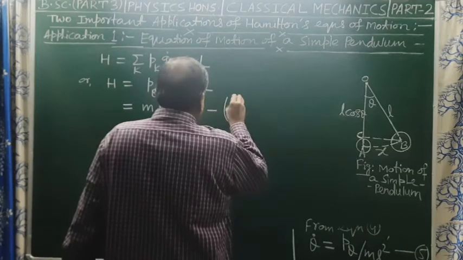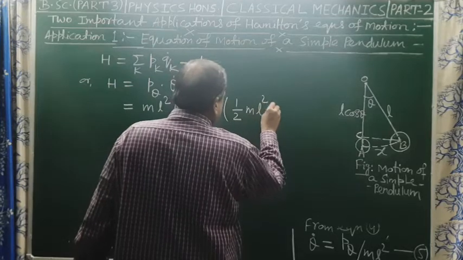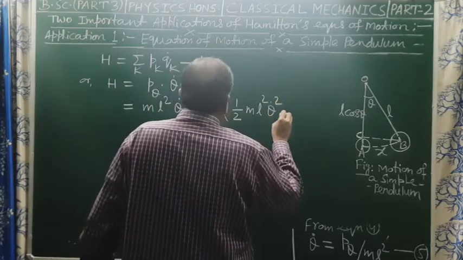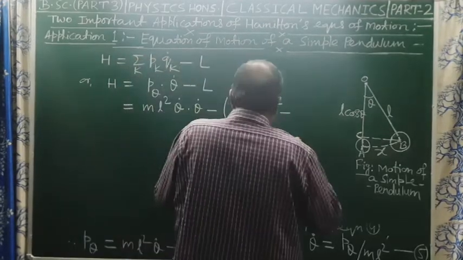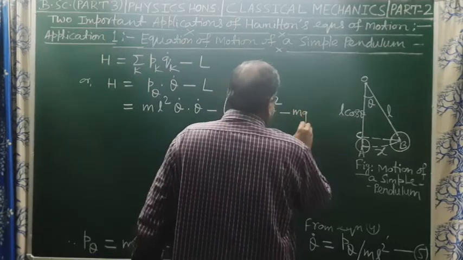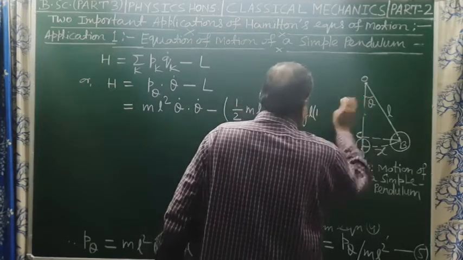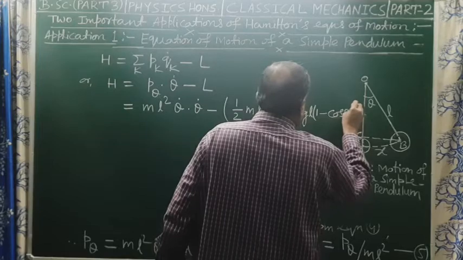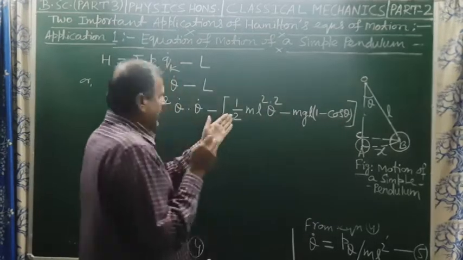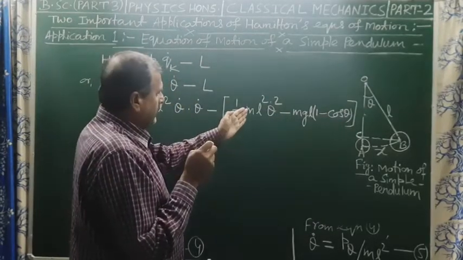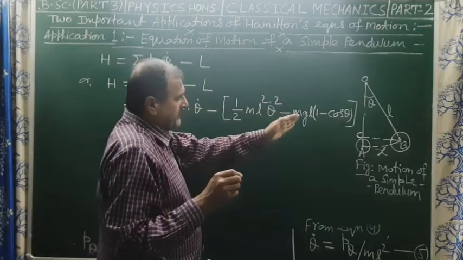The Lagrangian was 1 by 2 ml square theta dot square, which is the kinetic energy, minus the potential energy mgl(1 minus cos theta). In place of the Lagrangian we write 1 by 2 ml square theta dot square, kinetic energy T, minus potential energy mgl(1 minus cos theta).